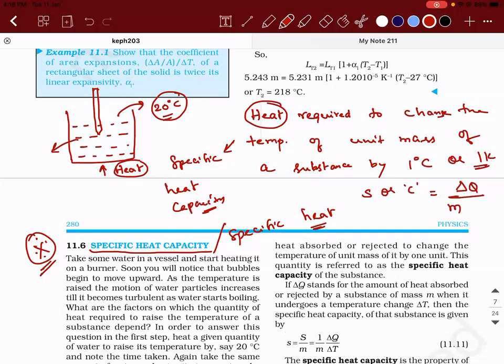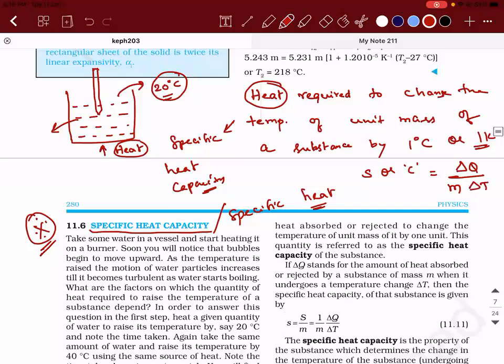So whenever the word unit comes, you should write it in the denominator. Unit mass of a substance through unit temperature difference. Okay. Delta Q divided by M delta T is the mathematical equation for specific heat or specific heat capacity.